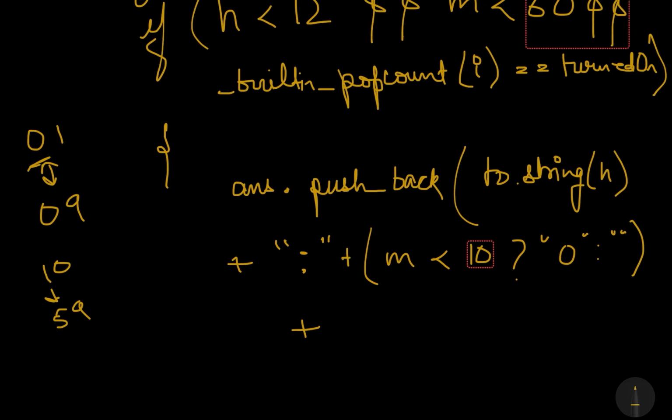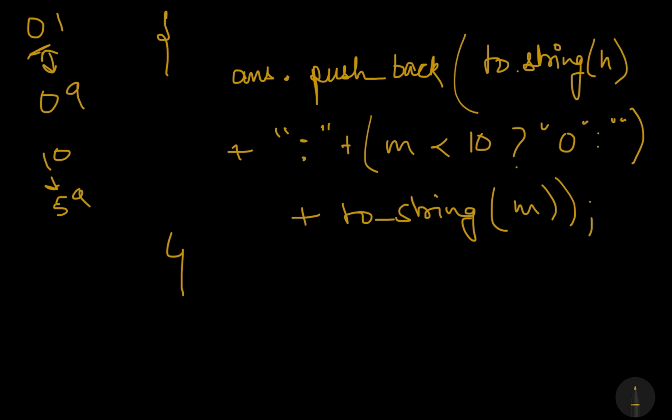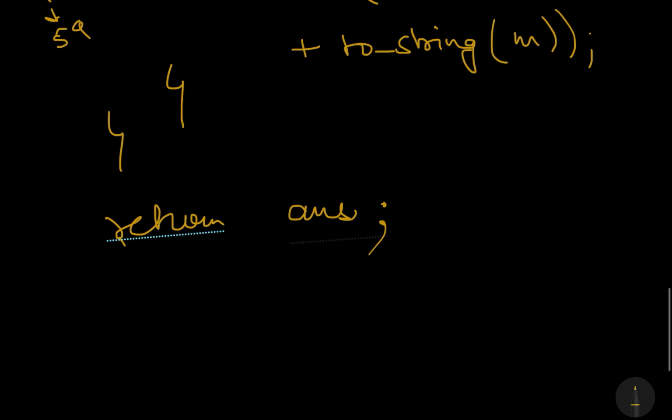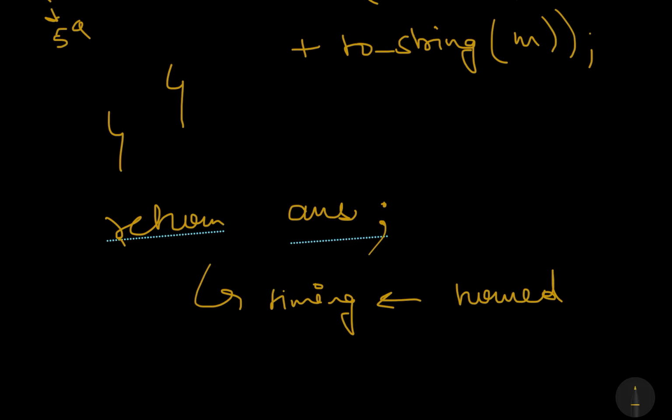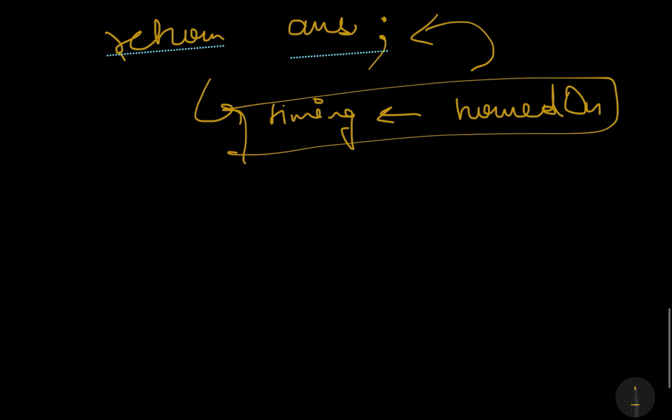And simply at last we'll add to string m, that is minutes. Finally we'll return our answer vector of strings that will contain all the possible timings for the given turnedOn, which is the number of set bits.